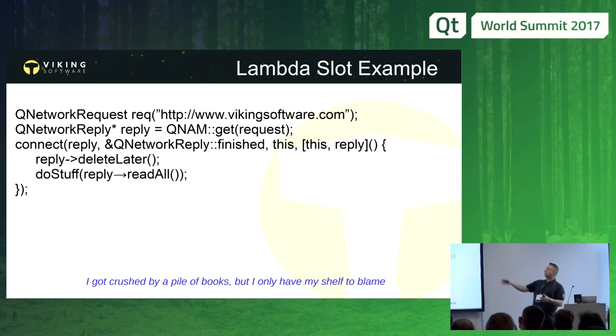There are other places like this, anywhere where I'm not sure if this will delete something I'm working on at the moment, so I'll just call delete later. I don't want to know exactly when my stuff is deleted, but sometimes it's necessary to call delete later. What happens is that it posts an event to the event loop, a delete event, and when the event loop gets to that event, the object inside is deleted.